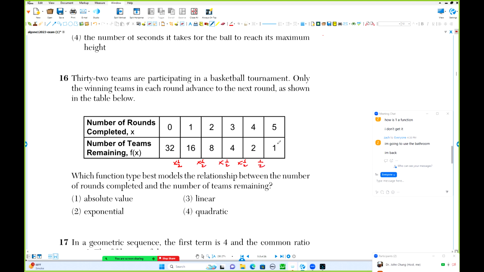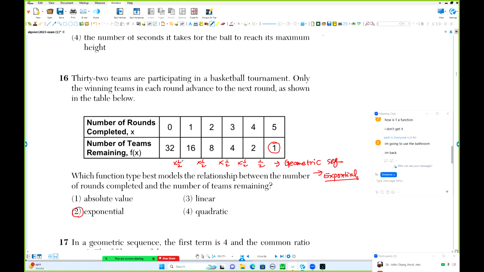The final is 1, that is the champion. This is exponential. This is a geometric sequence. A geometric sequence creates an exponential function.